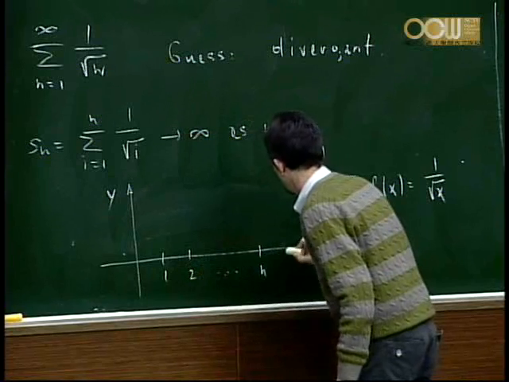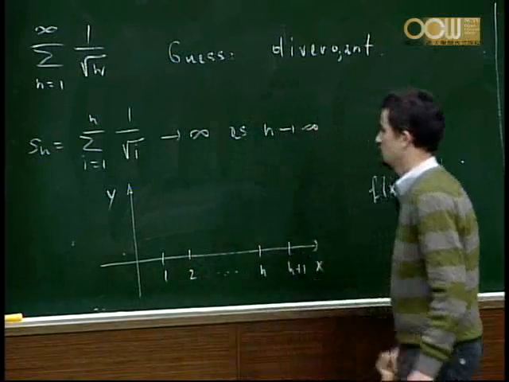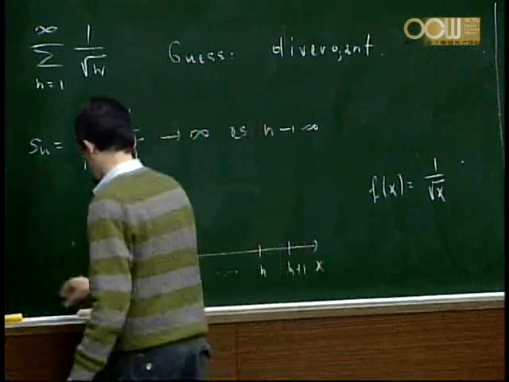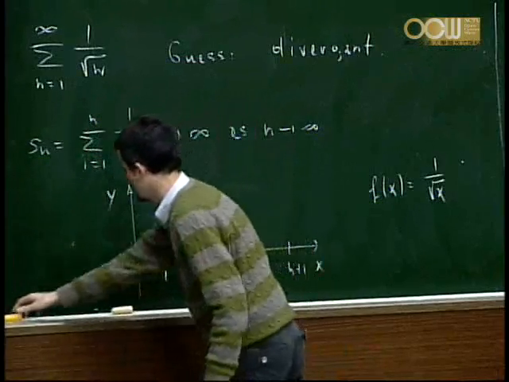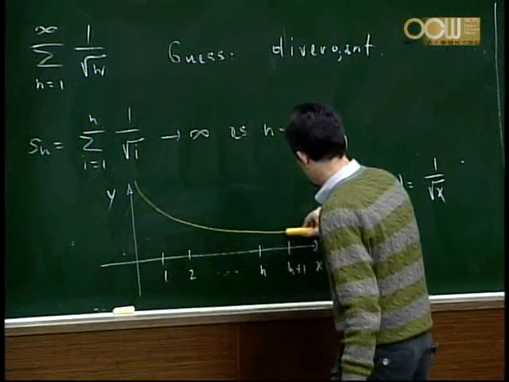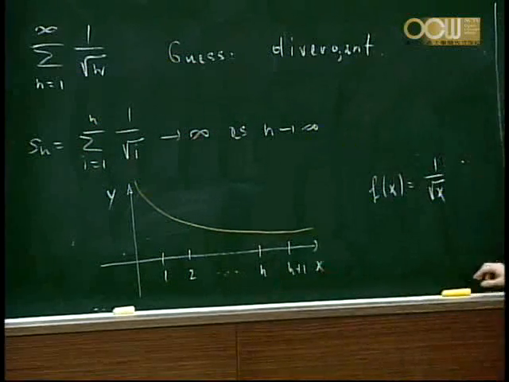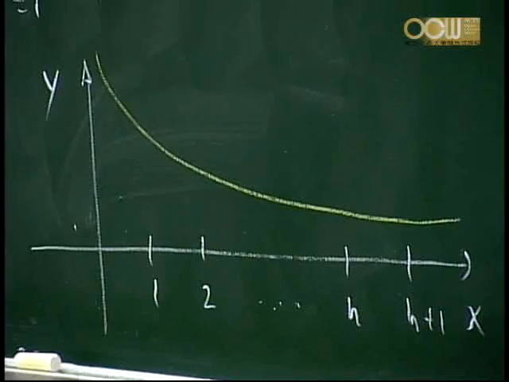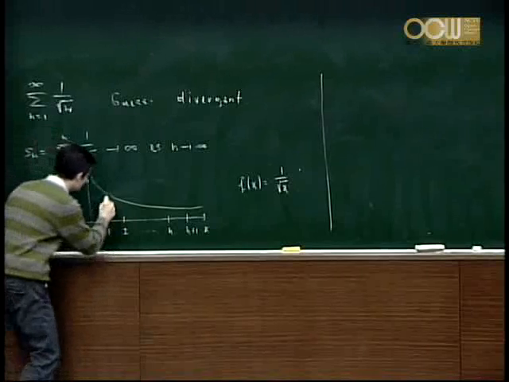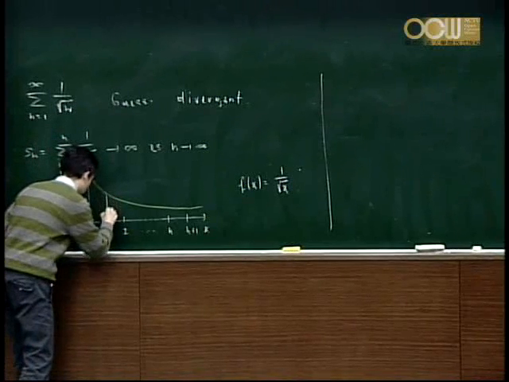Then we have here n, and here n plus 1. What we are looking at again is this function. Essentially, we have to look at these heights here.